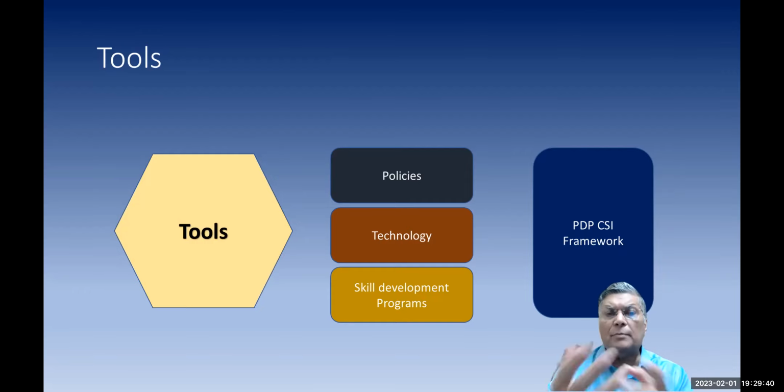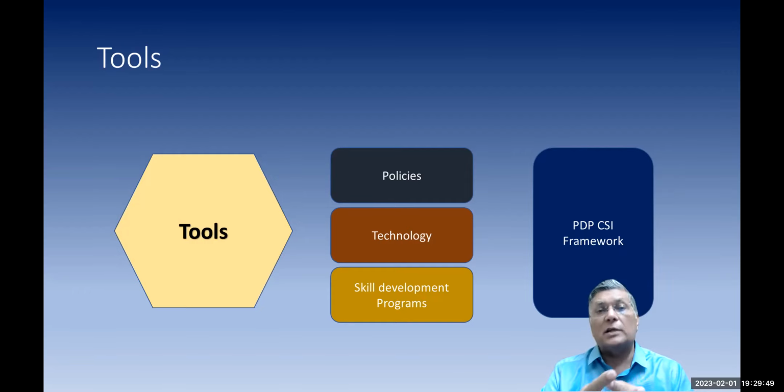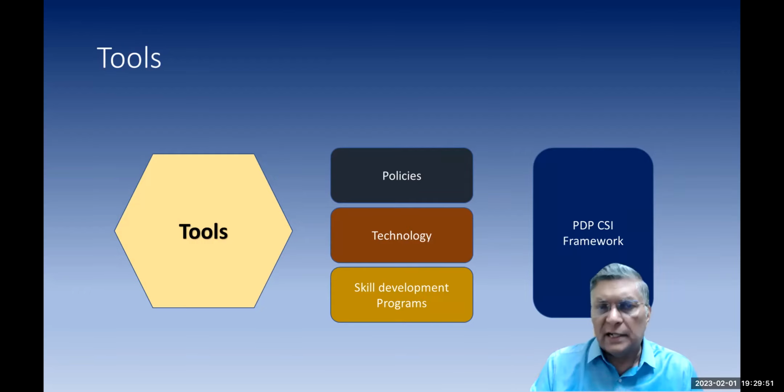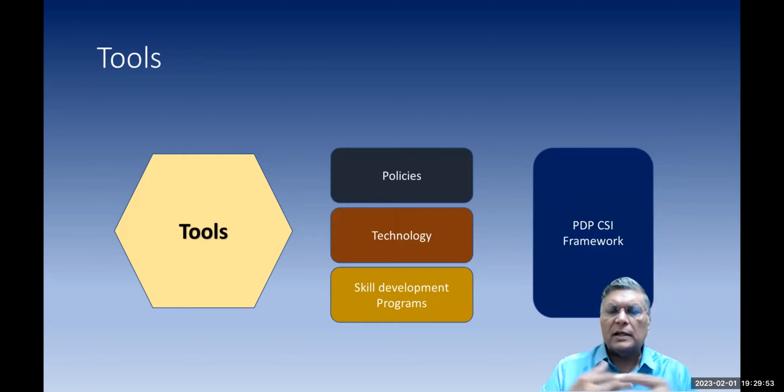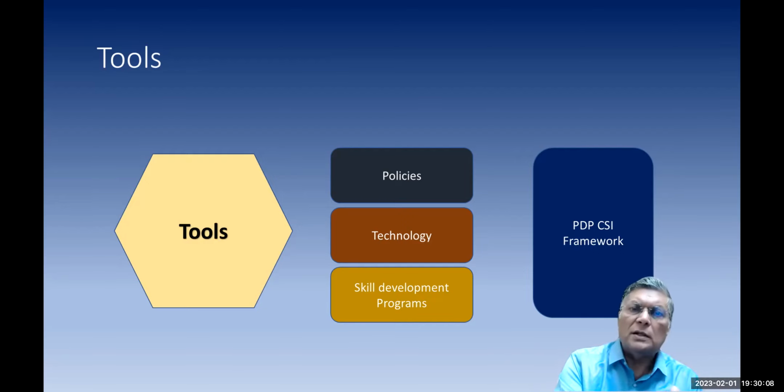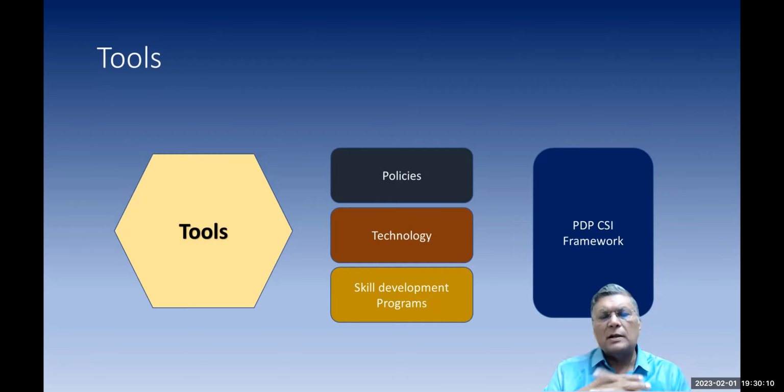Now, if we want them to have an efficient data protection, as a management, it is our responsibility to give them the right kind of tools. So identifying the right tools and then making it available to our people is one of the responsibilities of the management. Similarly, writing the kind of policies as may be required and making everybody aware of the policies is also a tool for the workforce which we prepare.